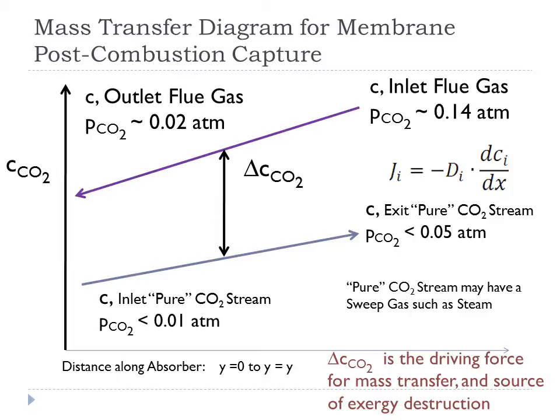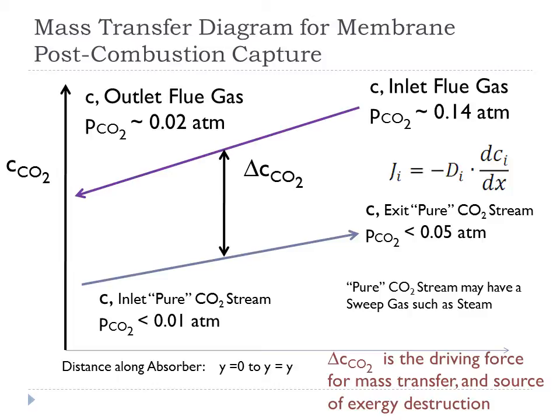So Fick's law can also be written as the flux being proportional to the diffusivity times the gradient in the partial pressure. We've got a partial pressure of CO2 of 0.14 atmospheres coming in on the flue gas, and we need to capture 90% of the CO2.